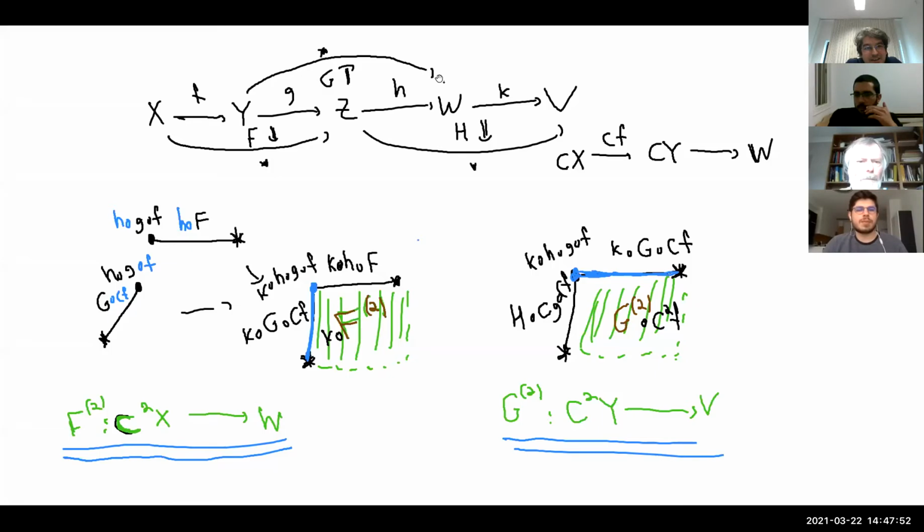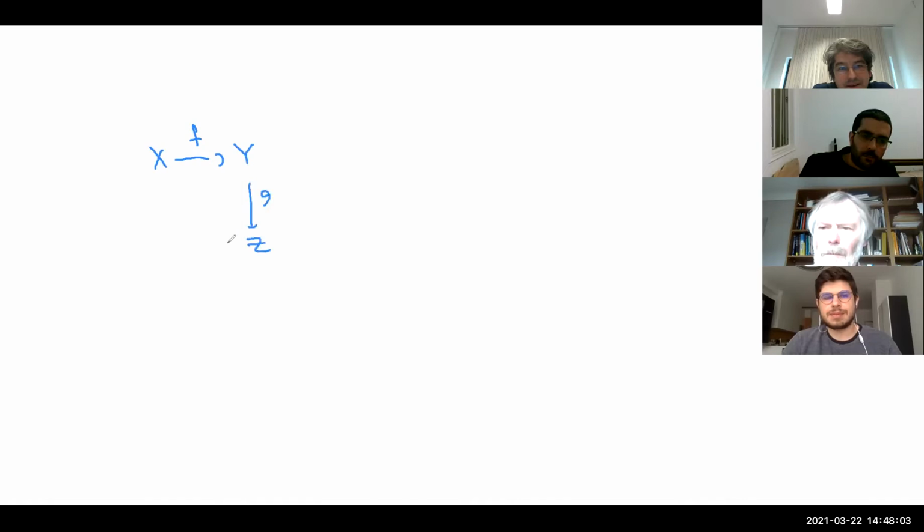I was actually wondering, is there a similar theorem, a rectification theorem, for the cubical version? How do you do rectification? Yes, I can explain to you. This is a question people also asked last time. If you have a square, you can rectify.